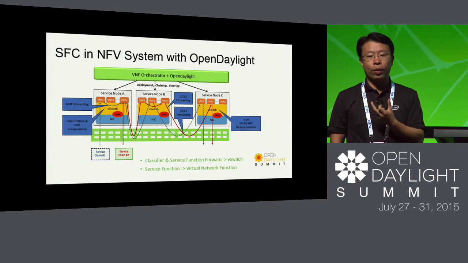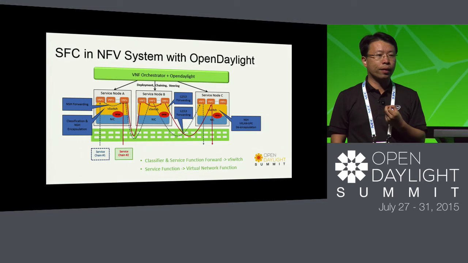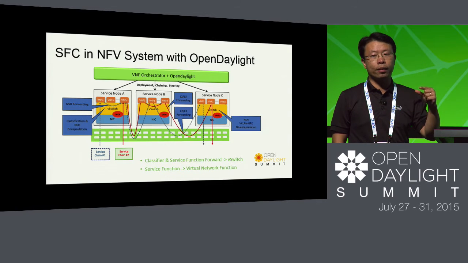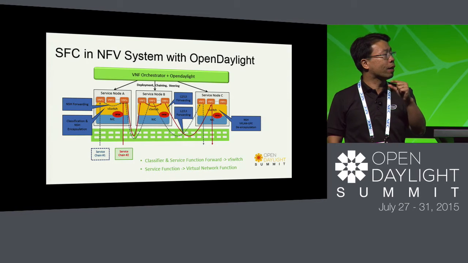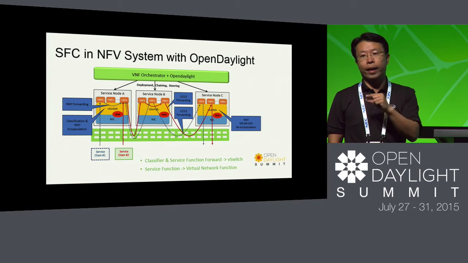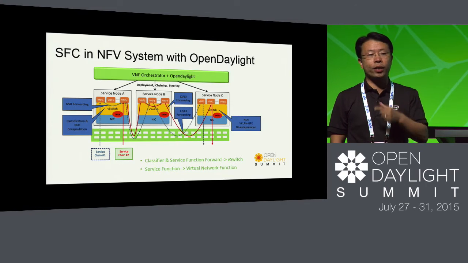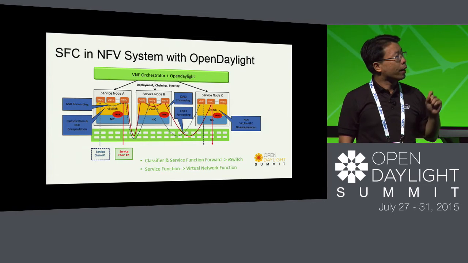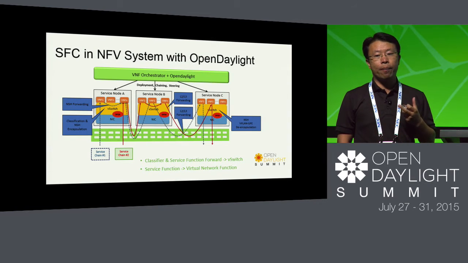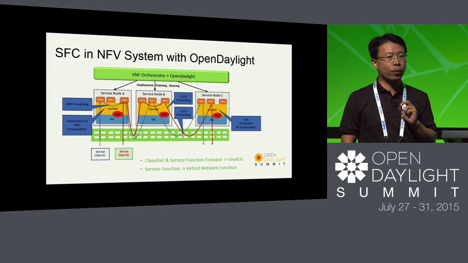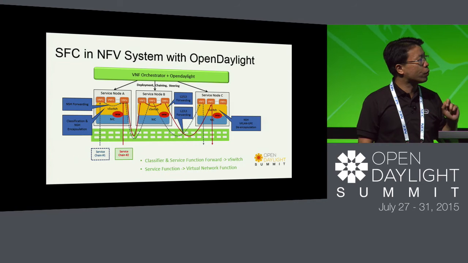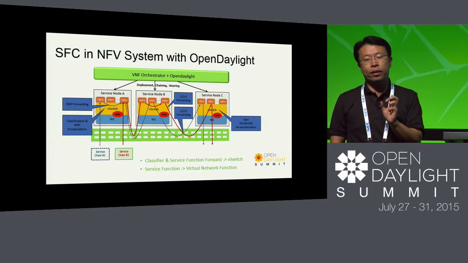Once you create a model, you can use the data plane locator to map the service function forwarder to the OVS, and map the service function to the VNF which has been instantiated in your service network. And also, the OpenDaylight SFC project can, based on that service function model, dynamically generate the OpenFlow rules in order to program those Open vSwitches running on different service nodes.